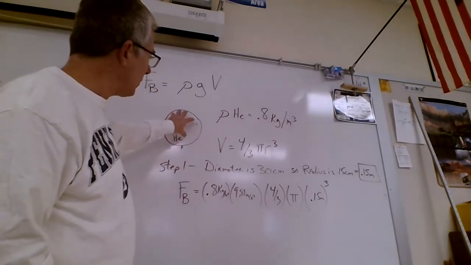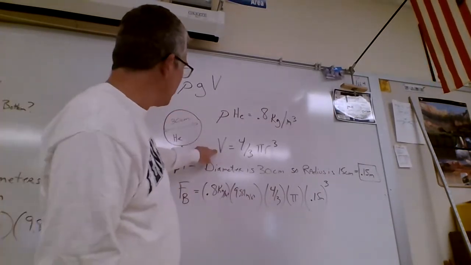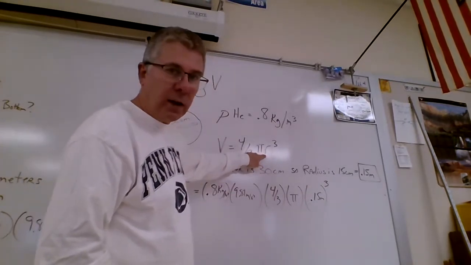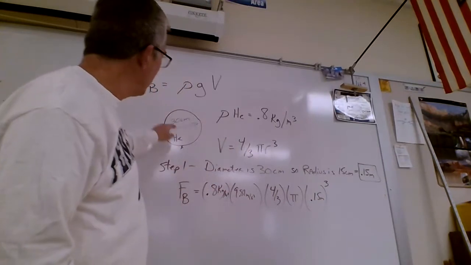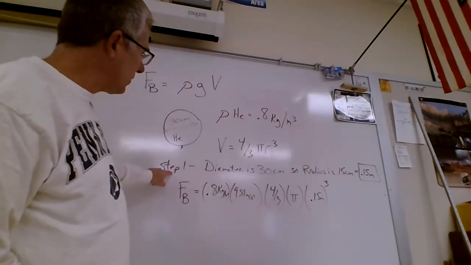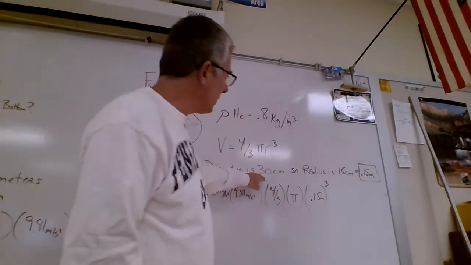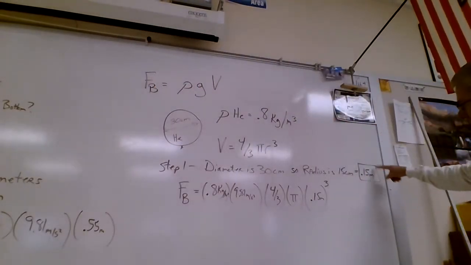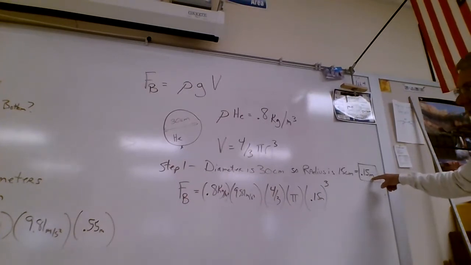Now, what is the volume of a balloon? A volume of a balloon is 4/3 pi r cubed. R is the radius, which is half of the diameter. So step 1, diameter is 30 centimeters, so the radius would be 15 centimeters, which we would then convert into meters, which would be 0.15 meters.